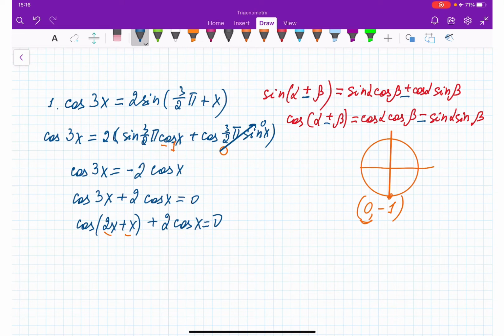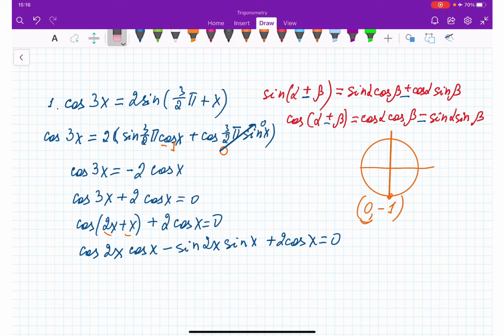It is going to be cosine 2x cosine x minus sine 2x sine x, and rewrite plus 2 cosine x. That is equal to 0.